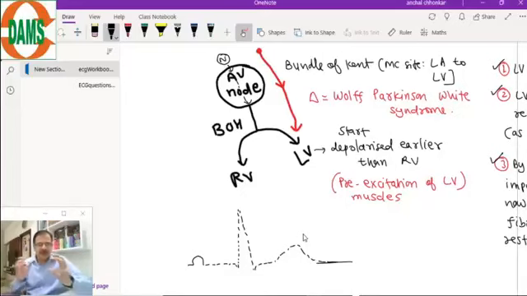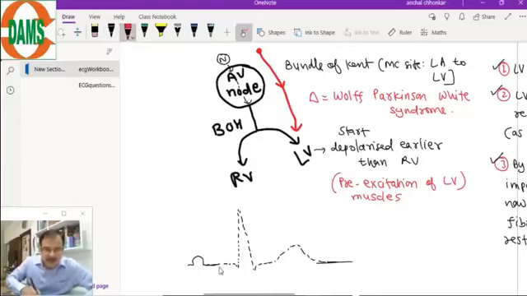So what happens? From the atria, impulse has two routes. The first route is the accessory pathway, due to which it reaches the ventricle very fast, and the second pathway is the AV node pathway, where it is traveling slowly. So the left ventricle will depolarize early, but that depolarization will spread relatively slowly.